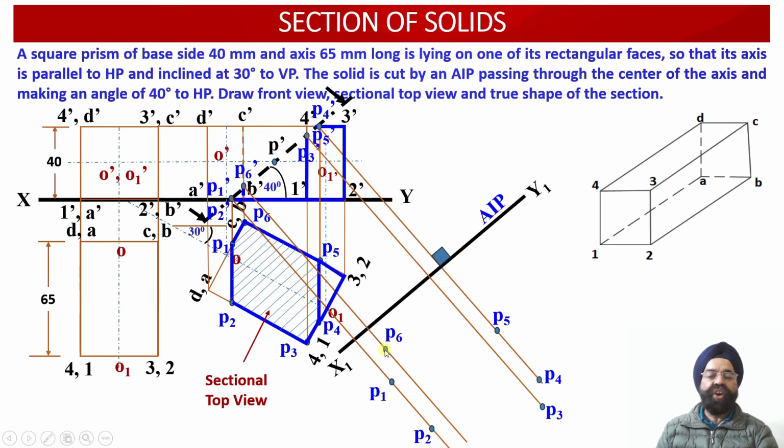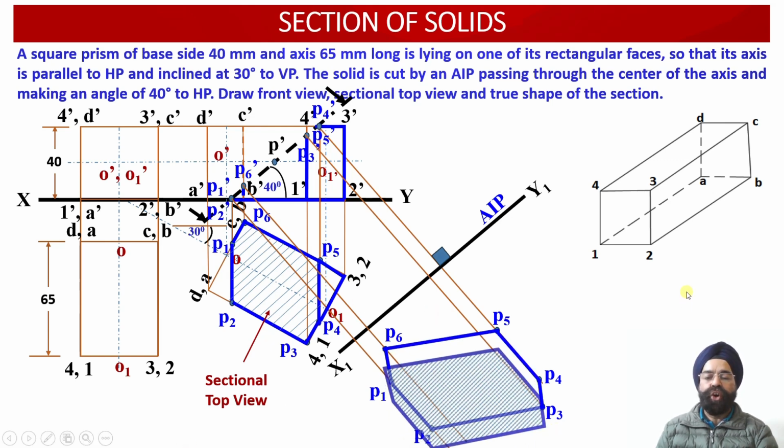So this distance of P6 from X1 Y1 is equal to the distance of P6 from the plane XY over here. So this way all the 6 points of intersection corresponding to the cut section have been obtained onto the auxiliary plan projection view.